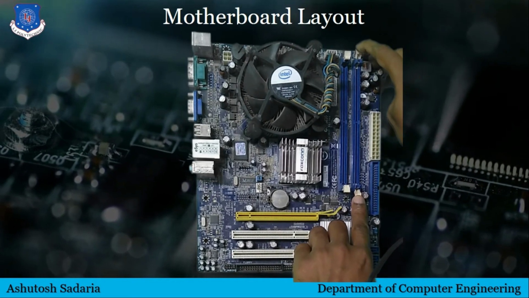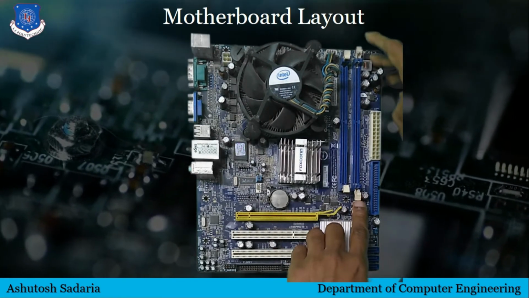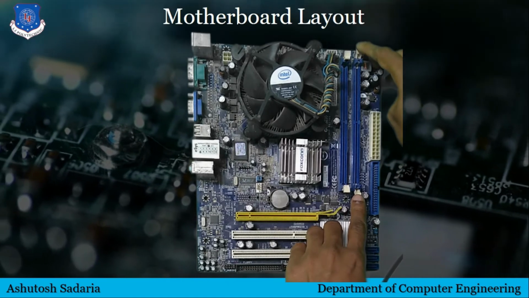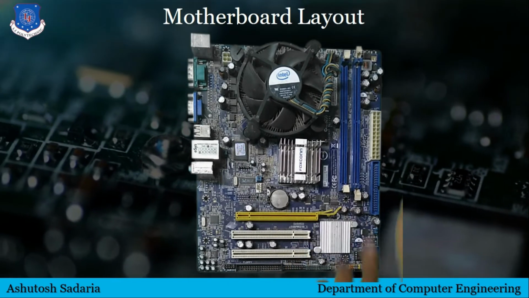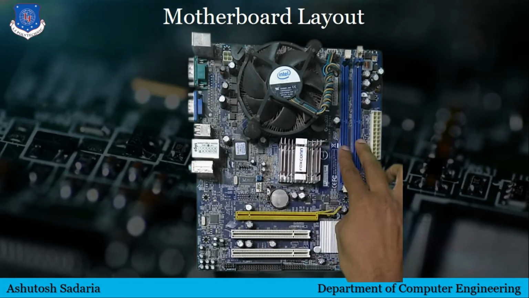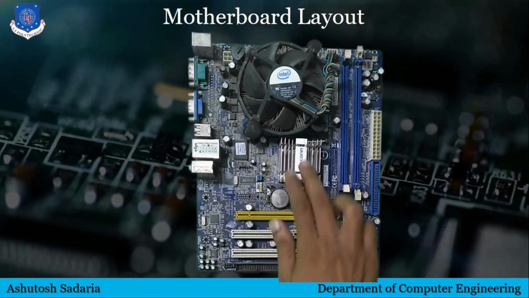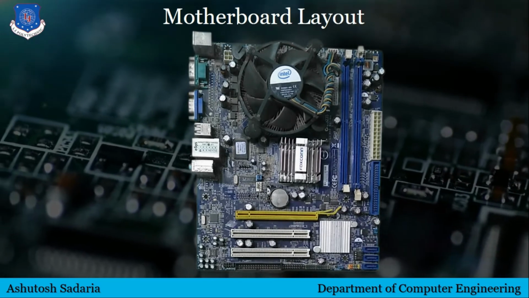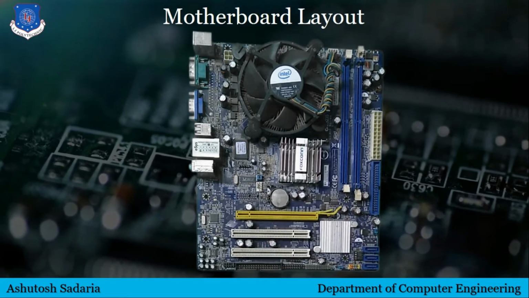If you leave it open, there are chances that your RAM could get disconnected when you move your computer. So we have seen that North Bridge is directly connected to RAM and graphics card. That's why North Bridge is called Graphics and Memory Controller Hub.